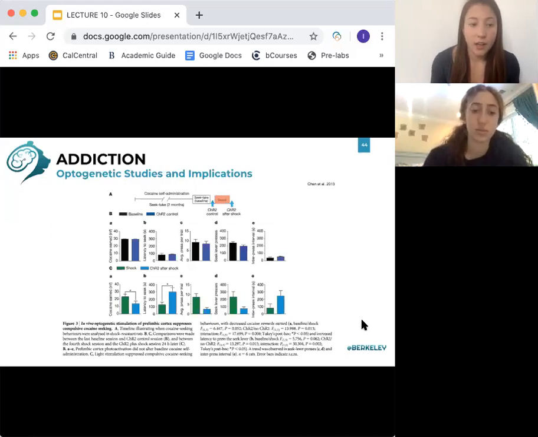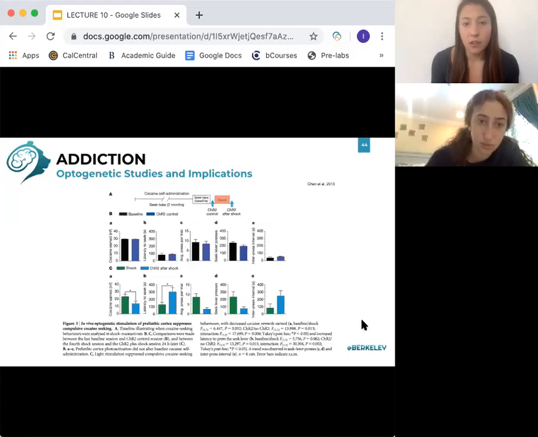So in the image on the screen, it's a figure from that paper where they talk about stimulation of the prefrontal cortex neurons. Subfigure A is just a schematic of when they trained the rats.